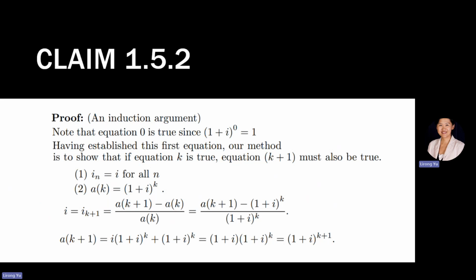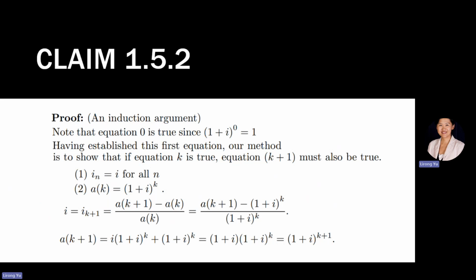Okay, a couple of special things we want to talk about. Number one is, mathematically, any number to the power 0 equals 1. And also for a bigger positive integer. And since we have A(K) equal to (1 plus I) to the K power, that's what's been defined in the previous claim.